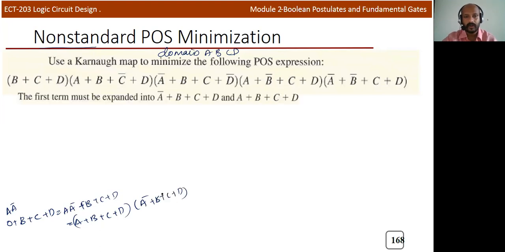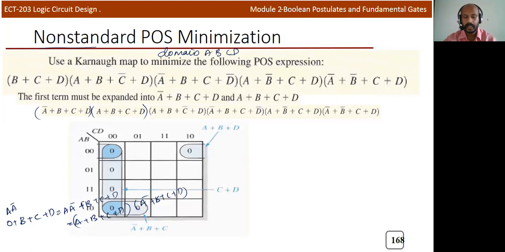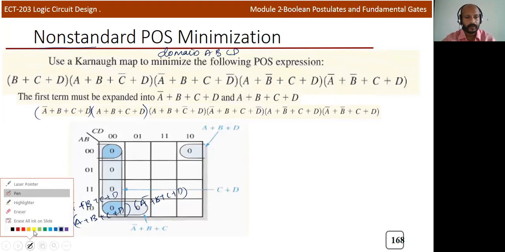So we'll get two terms. The first term is expanded into two different expressions. Now you will get exactly 1 2 3 4 5 plus one term, 6 terms. These are different terms.